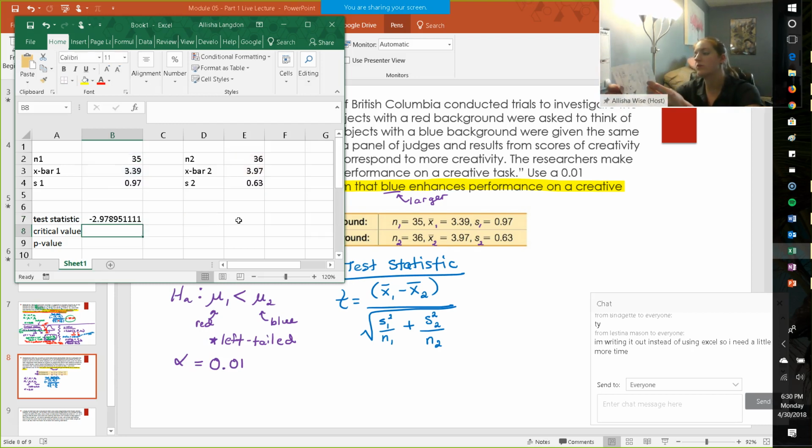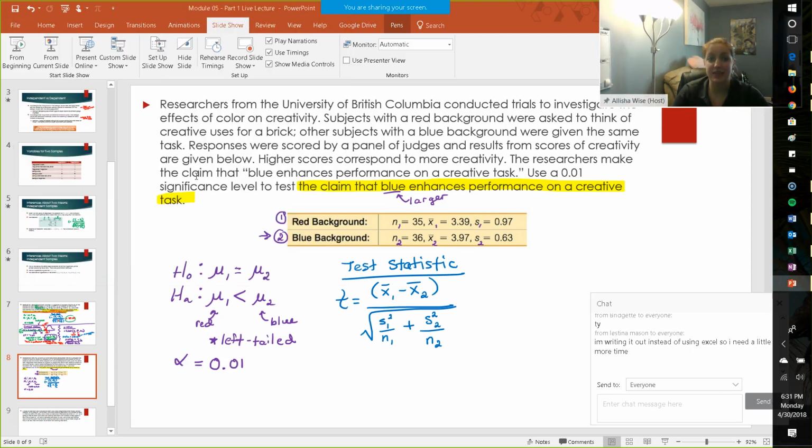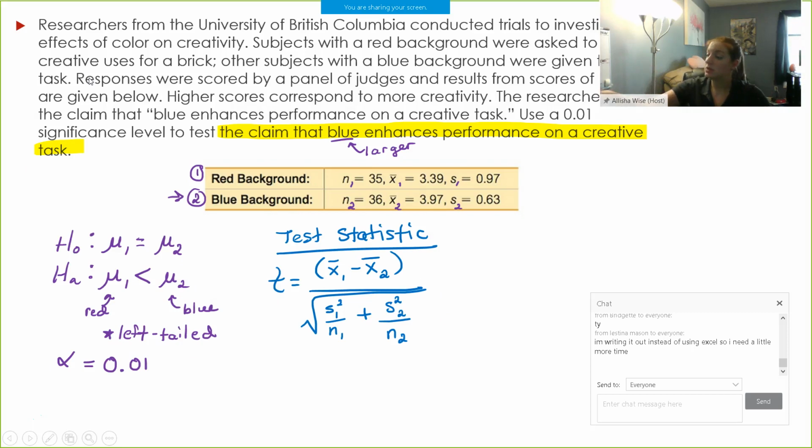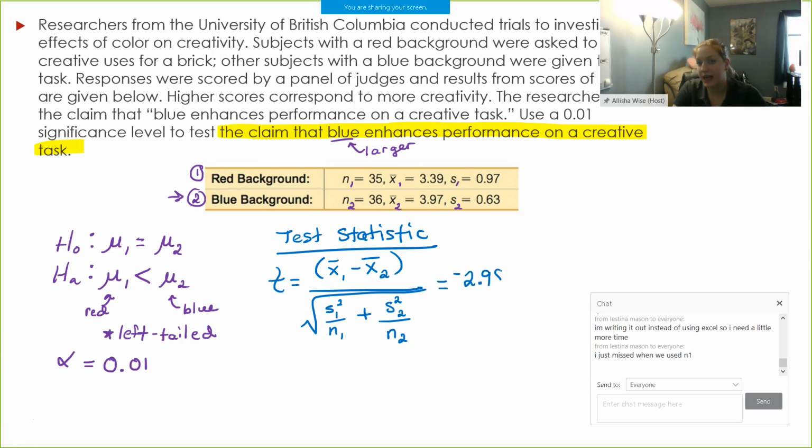Okay, we do have a more reasonable number this time. We have negative 2.98. I'm going to round that. Negative 2.98 is our test statistic. So, hey, that's not too bad. We'll have to see how that plays out. Negative 2.98.